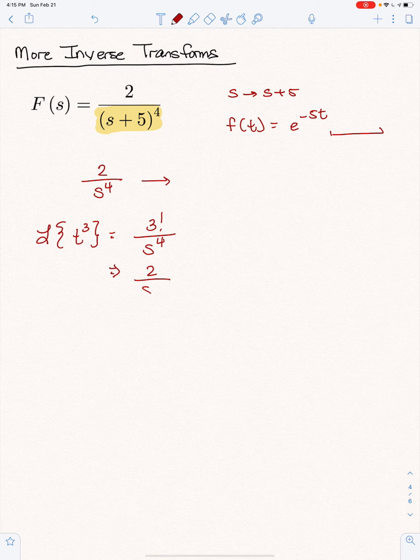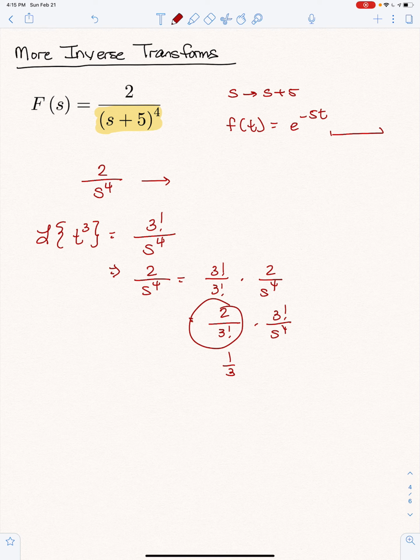2 over s to the 4th is equal to, well, I'm going to have to multiply by 3 factorial over 3 factorial. And I'm just going to do a little bit of rearranging. This is 2 over 3 factorial times 3 factorial over s to the 4th. This part here is 1/3 because 3 factorial is 6.